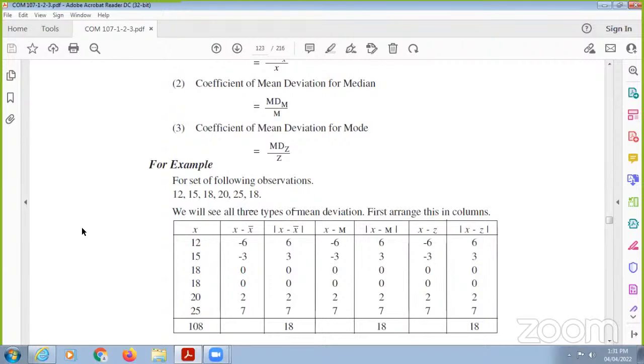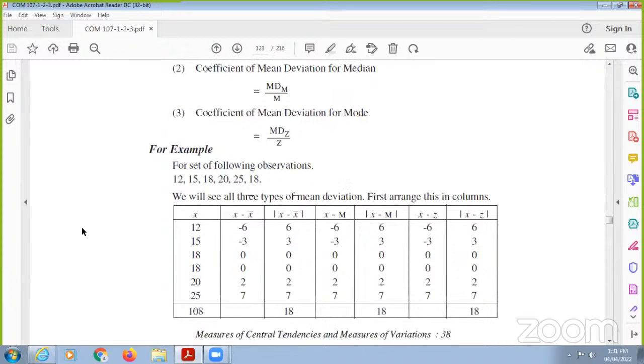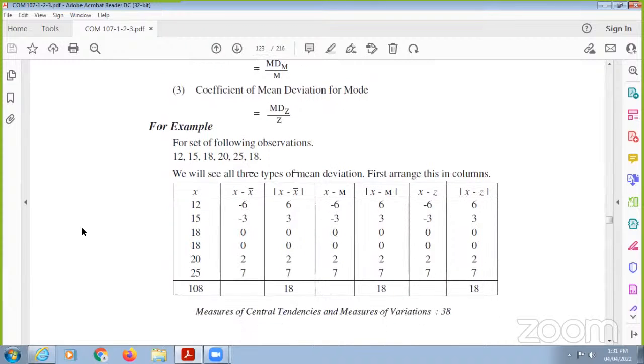Then in the sixth column, x minus Z is equal to minus 6, minus 3, 0, 0, 2, 7. Then in the last column we will find again 6, 3, 0, 0, 2, 7 here. The total will be 18 here.